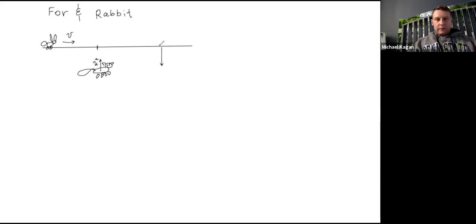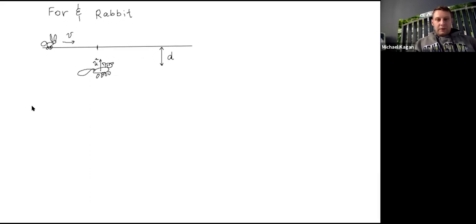Let's say this original distance is d, the distance from the fox to the rabbit. Andrew, you've seen this one? Okay. Then I'll challenge you with some other problem of this type.